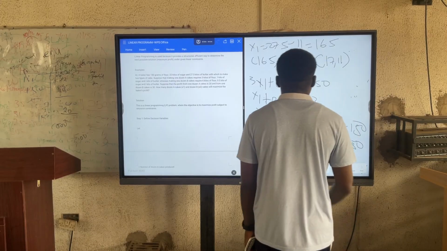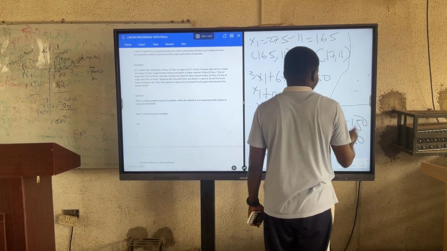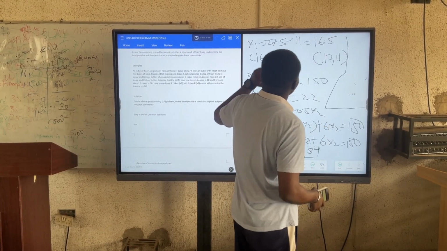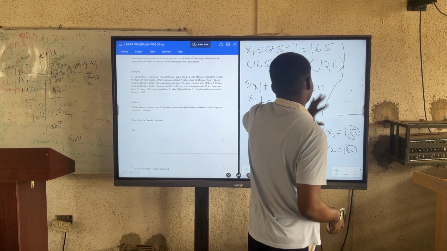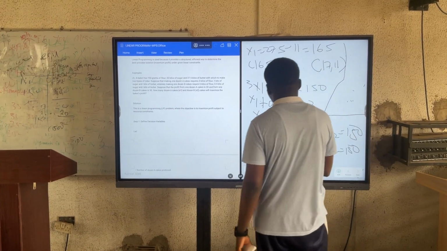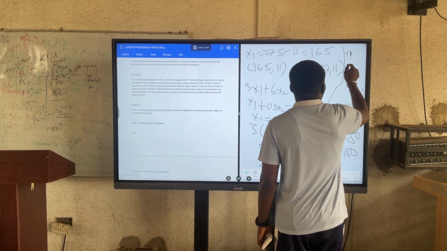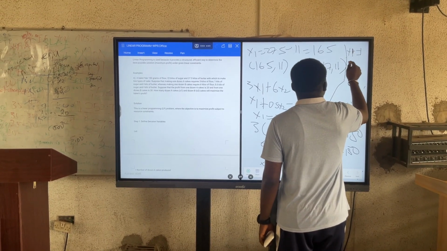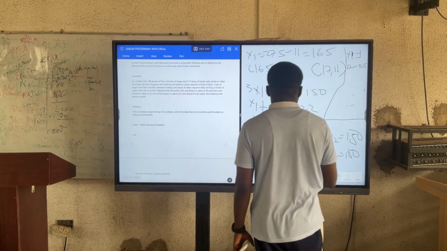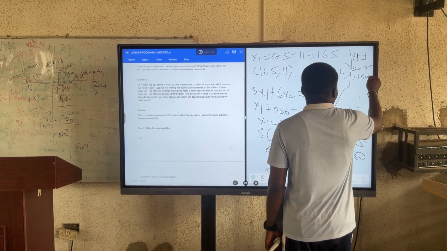So now that we know x2, let's use this to find x1. Don't forget the first one, 16.511. The second one, now I want to use this to get x1. So x1 is equal to 22 minus 0.5 times 18.667.